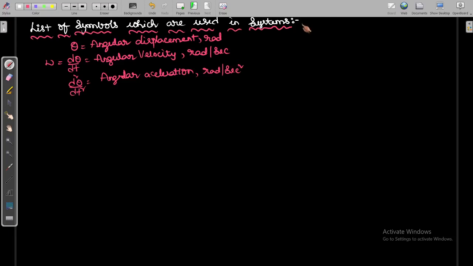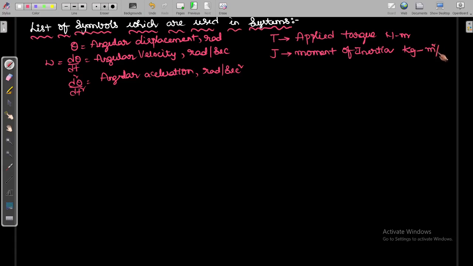Next, T we can note as applied torque, which is measured in newton meter. J is the moment of inertia, which we have already taken, measured in kg meter square per radian.